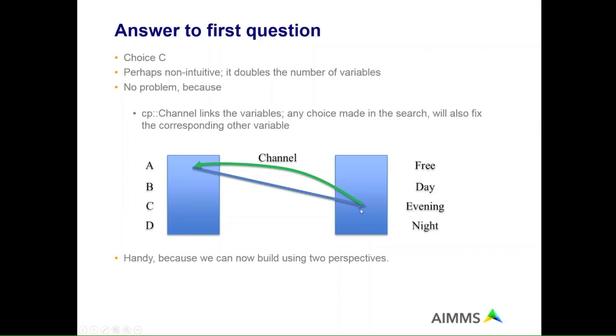So it does not really increase the solution space, but it does give you two views on which we can formulate our constraints. And we are going to use both views in the next setup.